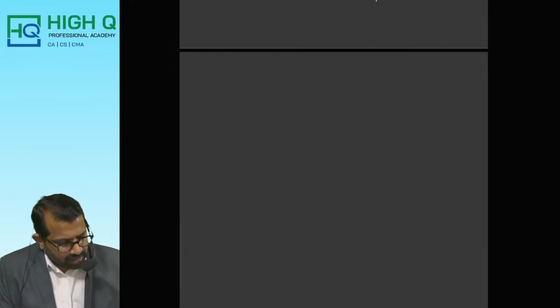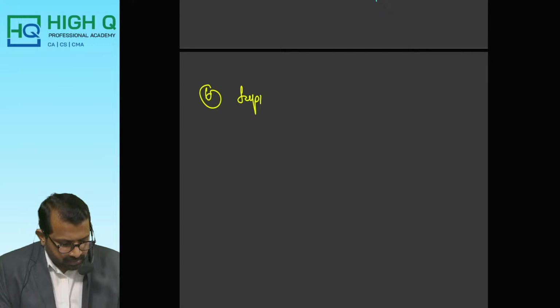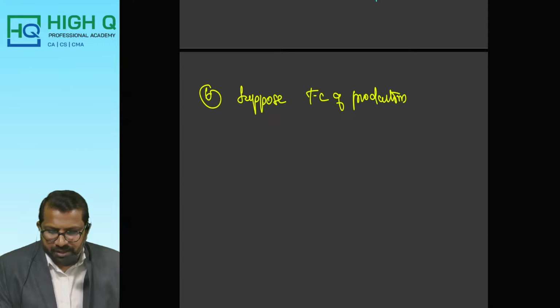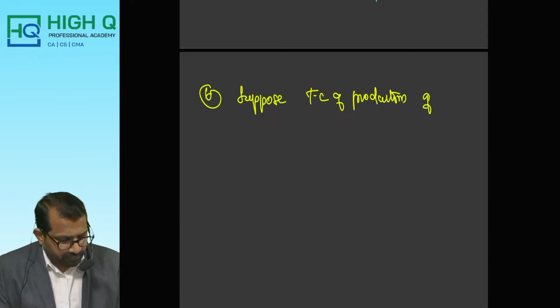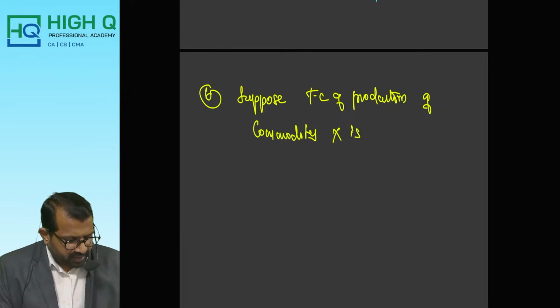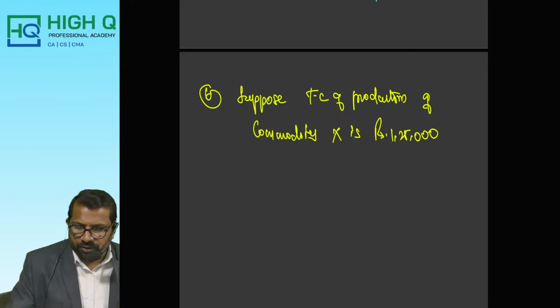With regard to cost, there is a possibility to ask a practical question. Suppose total cost of production of commodity X is 1,25,000.